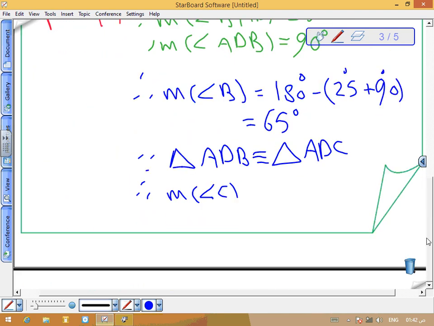Measure of angle B equals 65 degrees. So measure of angle C equals measure of angle B equals 65 degrees, and this is required number 2.